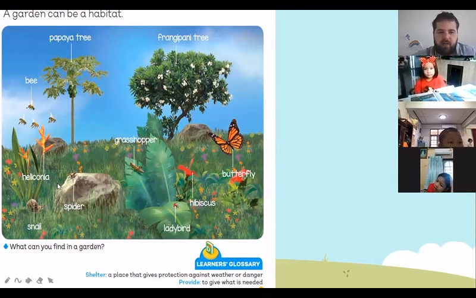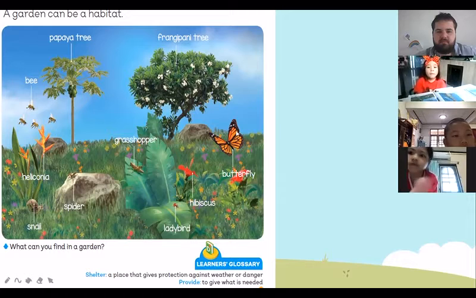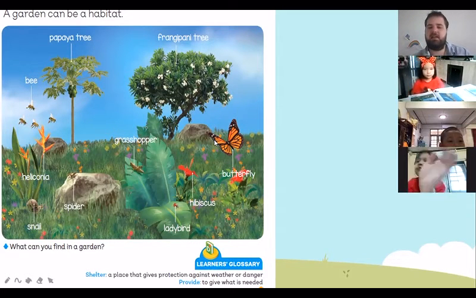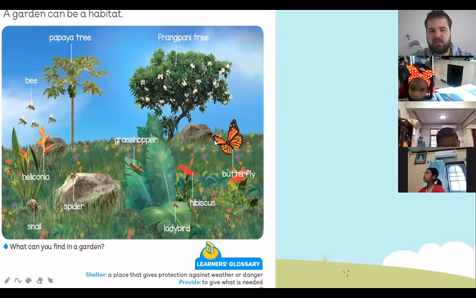Ooh, we have a spider. Bees. Over here, we have the grasshopper. Ladybug. And our last animal? Butterfly. Very good.